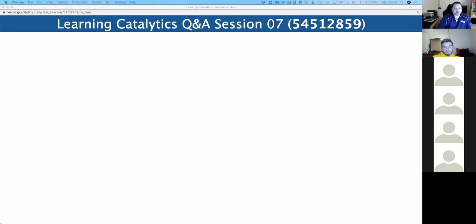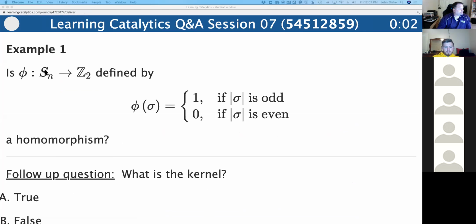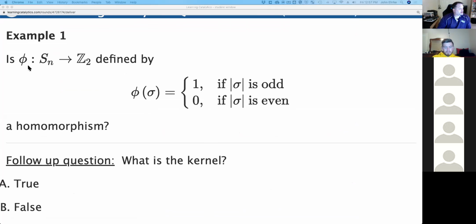So the first one that I want you to weigh in on: if I try to define a homomorphism from the set of permutations on n elements, so this is the symmetric group Sn, onto Z2, 0 or 1 mod 2, given by I assign the permutation to 1 if it's odd, and I assign the permutation to 0 if it's even, is that a homomorphism? So true, false, yes, no. Is that a homomorphism? And then if so, we'll talk about the kernel.